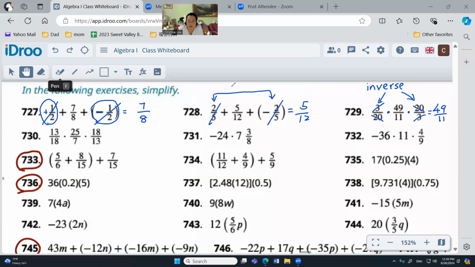And this is called inverse for addition, additive inverse. I don't know how they call it.